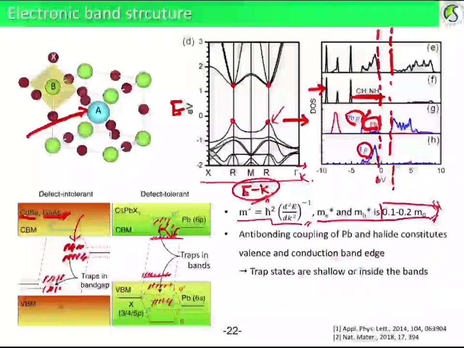So owing to this defect tolerant property, as we saw in the previous slide, the charge carrier diffusion length of the perovskite material is superior to the conventional CIGS or gallium arsenide.